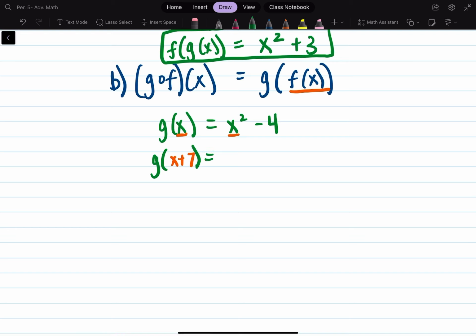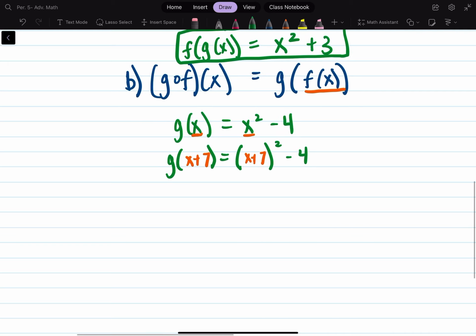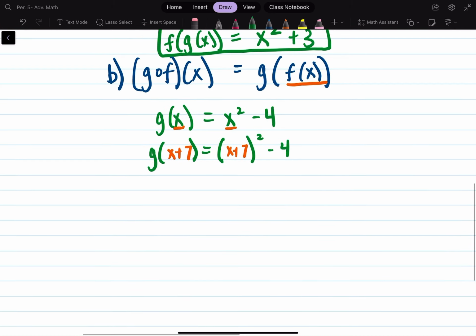Is equal to, I see another x, so I'm not going to write x. I am going to substitute in f of x, which is x plus 7, close those parentheses, squared minus 4. So take a second, look at it here. I have my function g of x, but rather than my input of x, I substituted in the entire function of f of x.